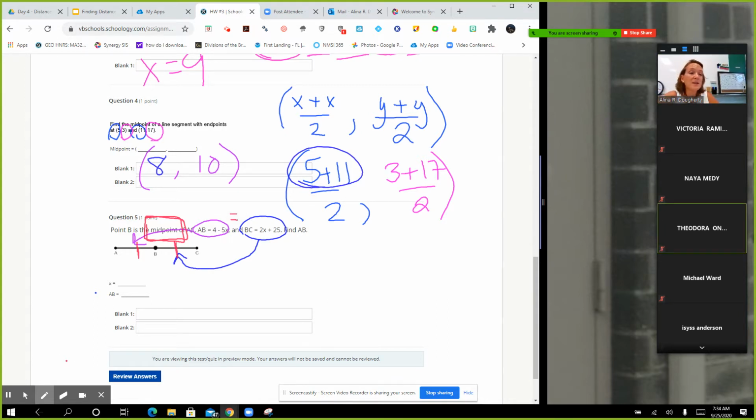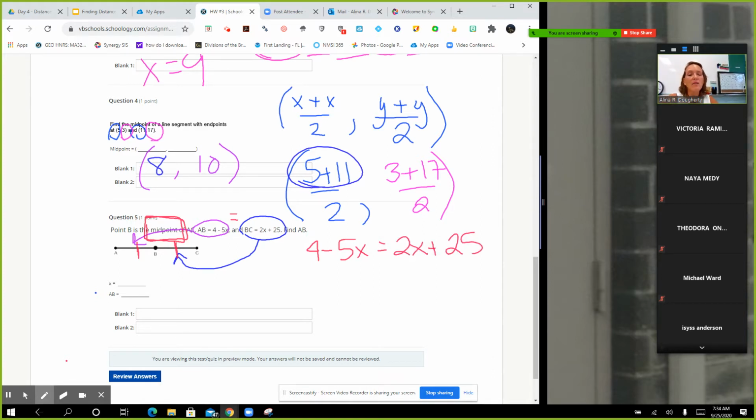They should be. So anytime you have the word midpoint and it gives you two segments, one on either side, or two angles, we'll get to that next week, one on either side of a bisector, then those two things are equal. So my equation here is 4 minus 5x equals 2x plus 25.